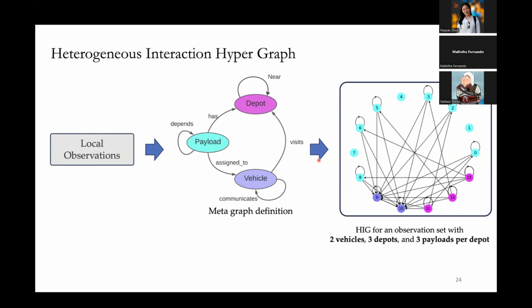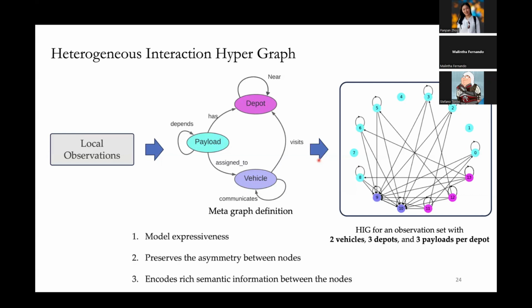This is what we are going to put into our policy and then use to calculate an action. The good thing about representing observations in this type of heterogeneous graph is that they are very expressive. So if you have a very complicated environment, we can explain what's going on in there. And we can use them to preserve the asymmetry between the nodes and encode semantic information between these nodes.